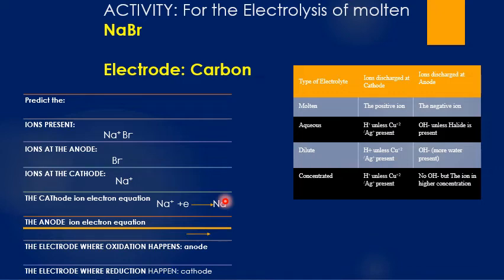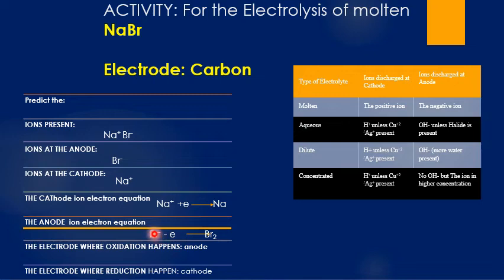Remember, because it's in group 1, it has one electron in its valence shell. So adding the electron here just balances off the equation. Next you have the anode, and the anode equation is your Br- minus electron.